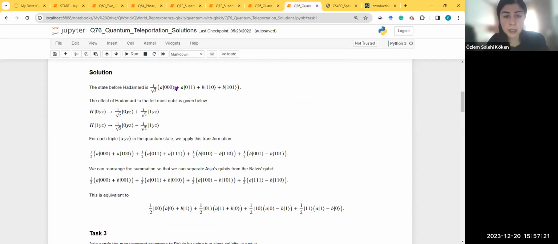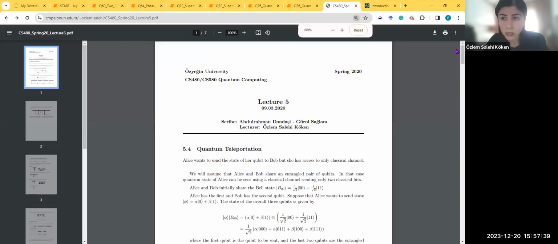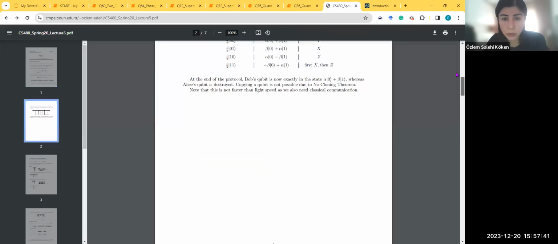Okay, this is the state before Hadamard, the state written here. Now we are going to apply Hadamard on the first qubit. I think I had an easier explanation here, which I will use.